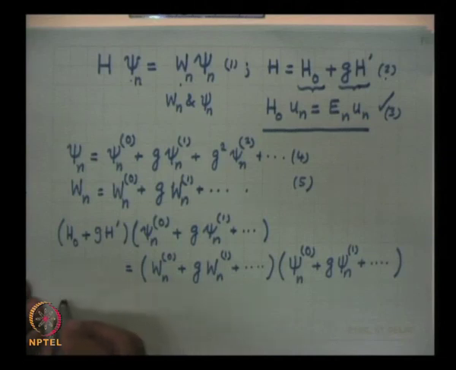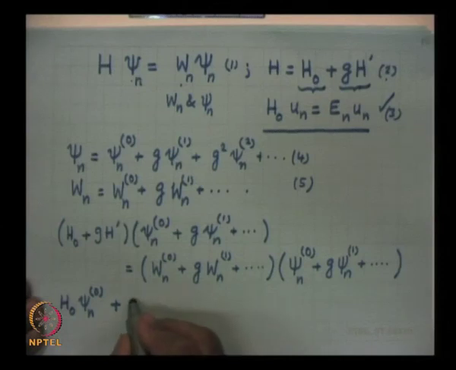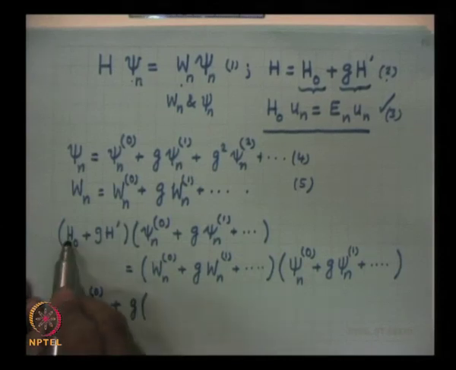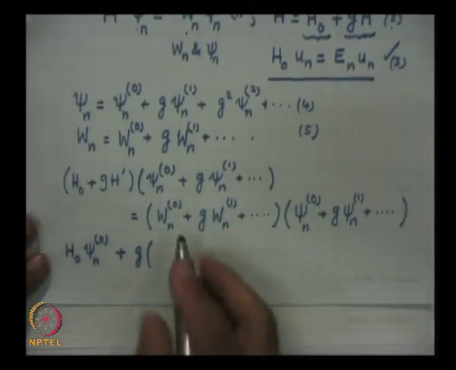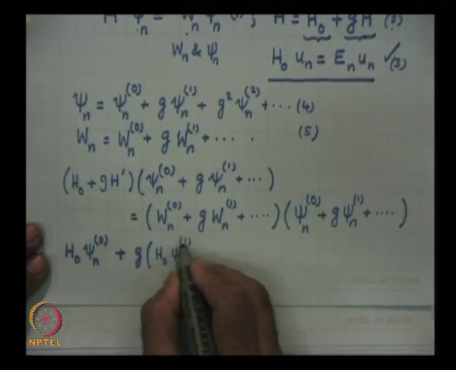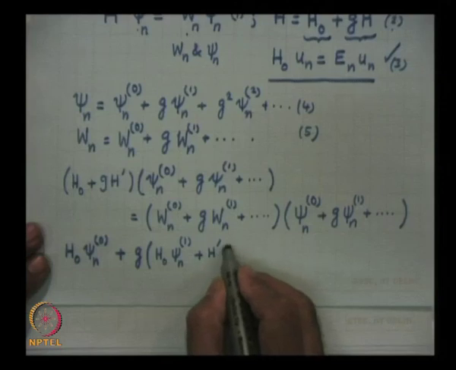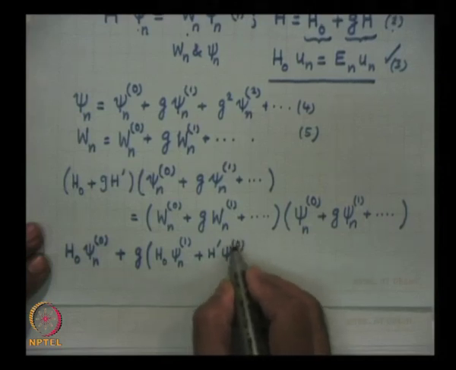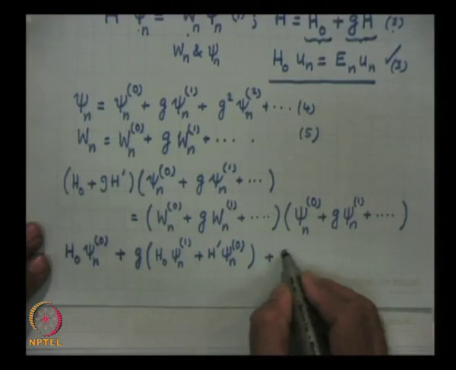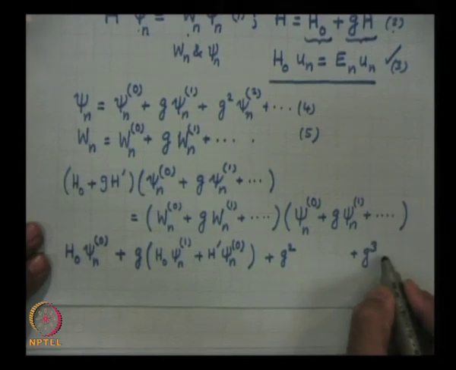The term which is independent of g is H naught psi n 0, plus g times H naught psi n 1 plus H prime psi n 0, plus terms proportional to g square plus terms proportional to g cubed and so on.